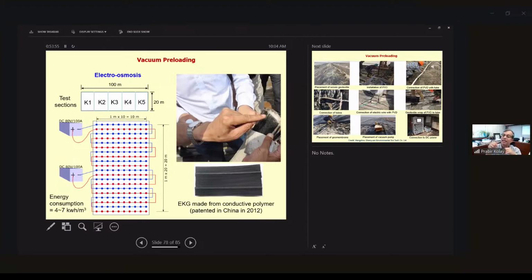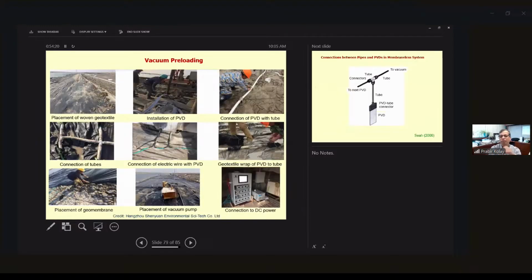The geosynthetic has piezometers installed, and a conductive polymer is installed in the PVD itself. So you can say this is electroosmosis with this conductive polymer. We call it EKG, a slightly different electroosmosis method. This is how they do it at the site.